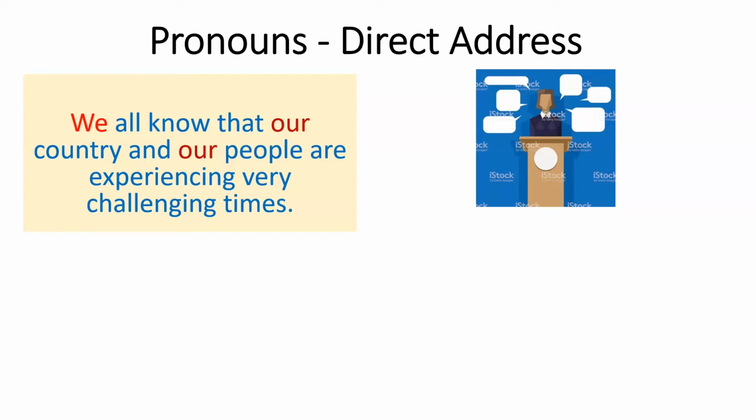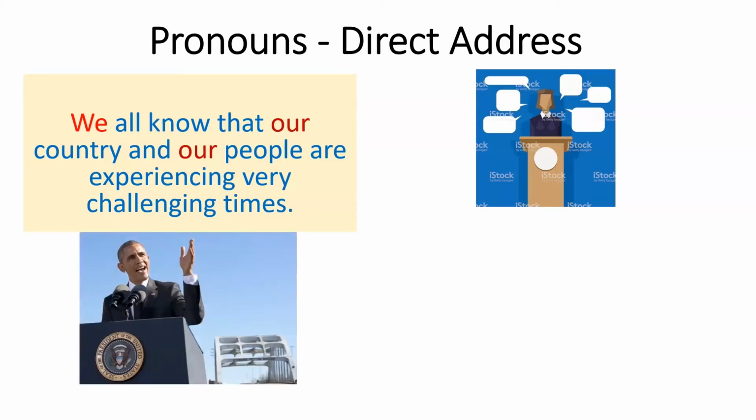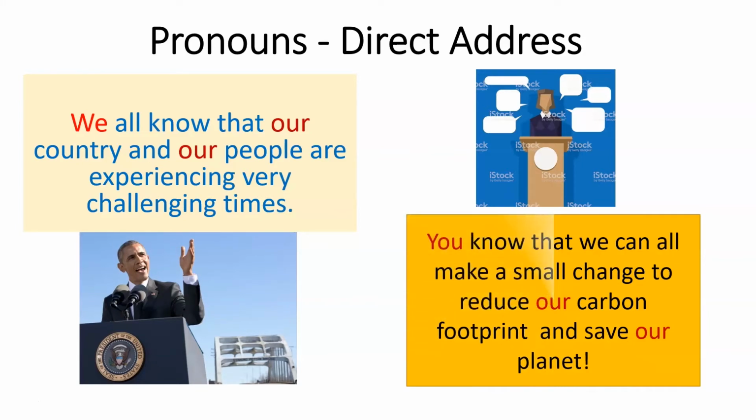So words like we, you, these are personal pronouns, and they will help you to ensure that you are directly addressing your reader or your audience, for example. Okay? Let's look at this one. You all know that we can all make a small change to reduce our carbon footprint and save our planet. Now, there's another example of direct address.